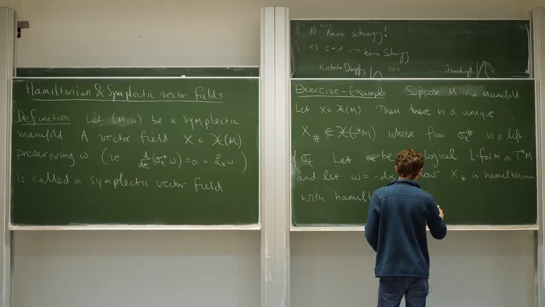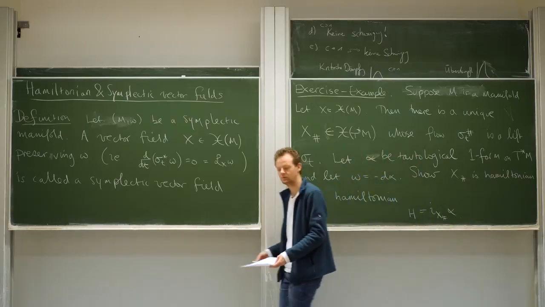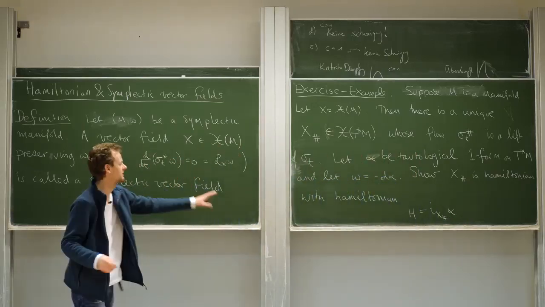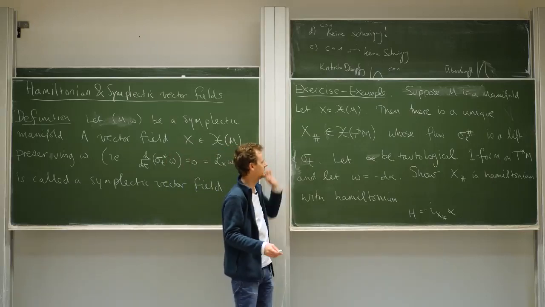And the Hamiltonian is none other than the internal product of the tautological 1 form with respect to this lifted vector field here.